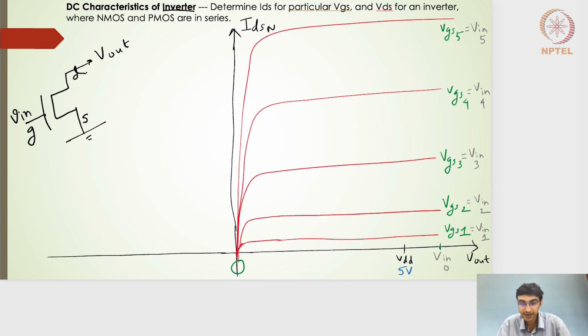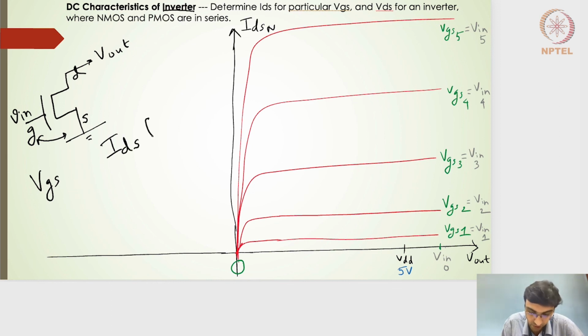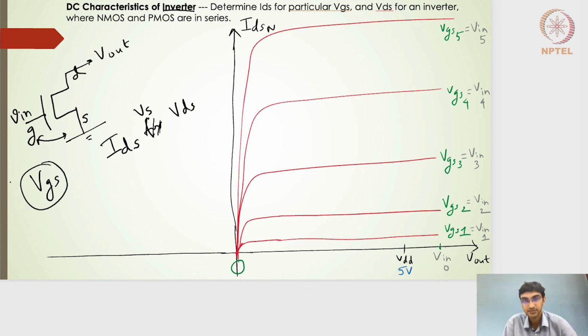So in this particular case, for an NMOS transistor, I know that for a different VGS, I should be able to find out the IDS profile. Rather, I should write it as IDS versus VDS for a particular value of VGS, right?